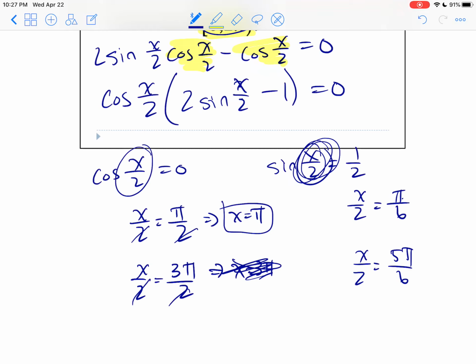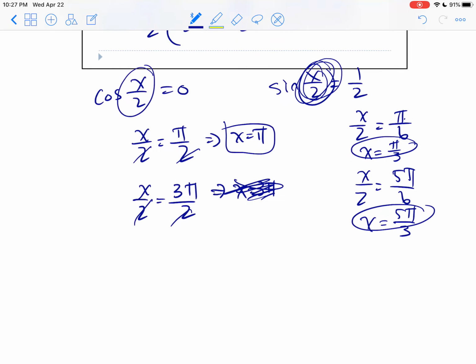So if I multiply by 2 on both sides, here I get x equals pi over 3, and here I get x equals 5 pi over 3. And those are both in the interval from 0 to 2 pi. So I'm going to take both of those.